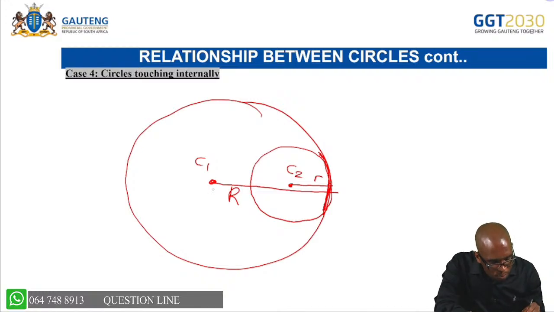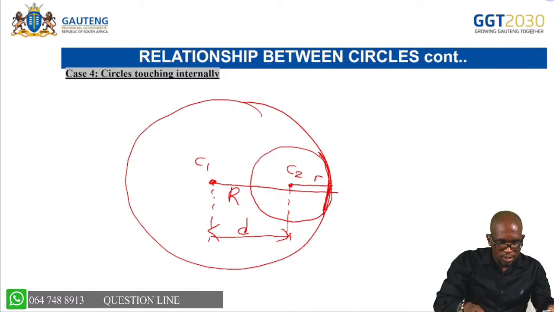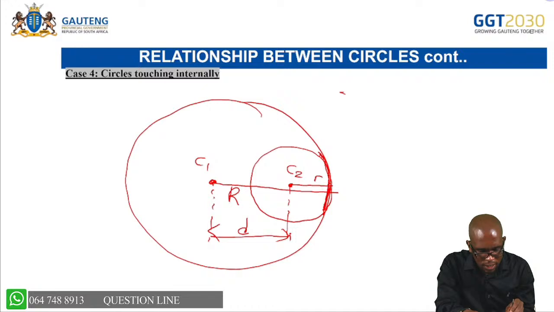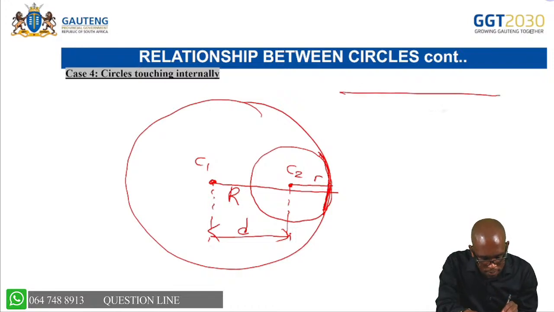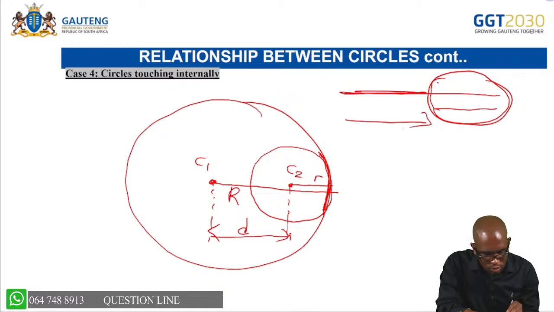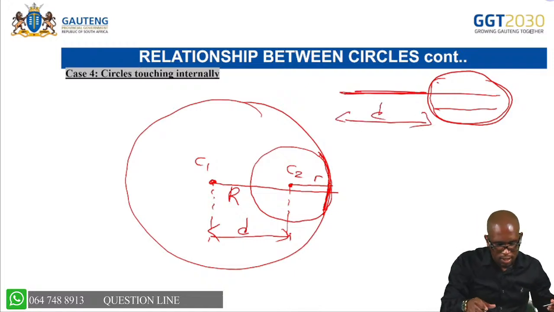Now, if you compare that with the distance d, you can see that if you take the length of R, the bigger length, and subtract the smaller length of r, you'll be left with just this distance. And that is exactly equal to the distance d underneath.